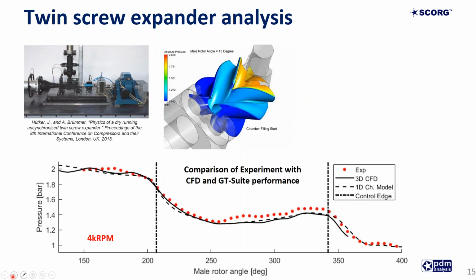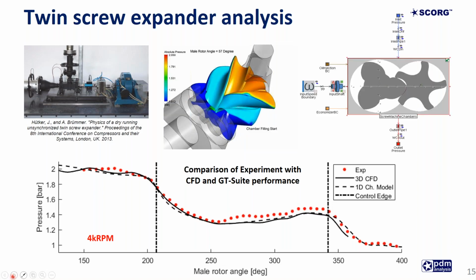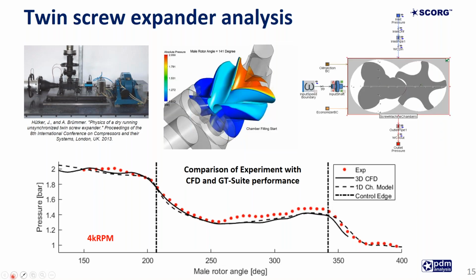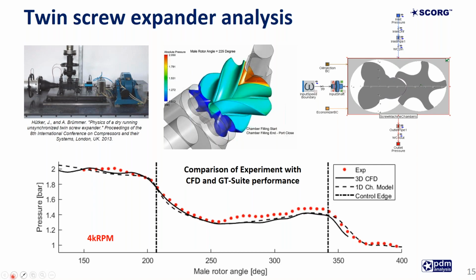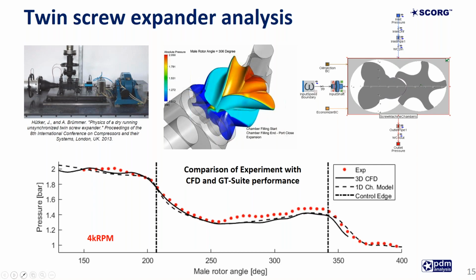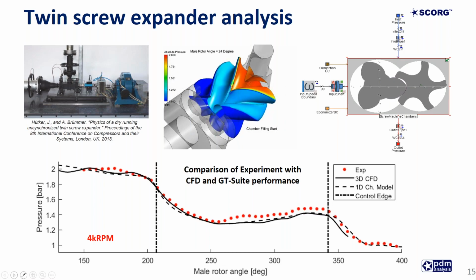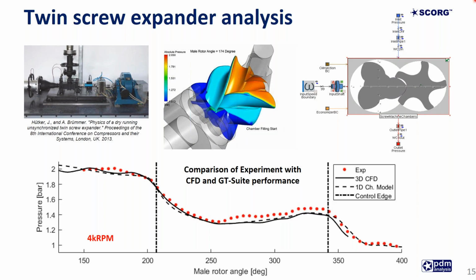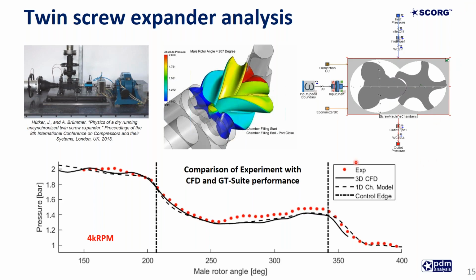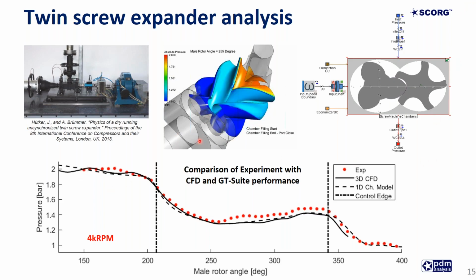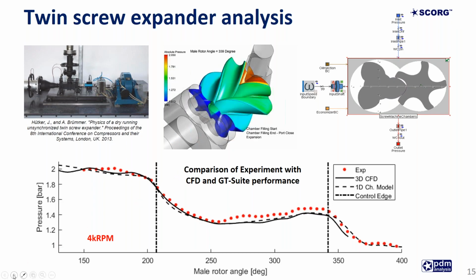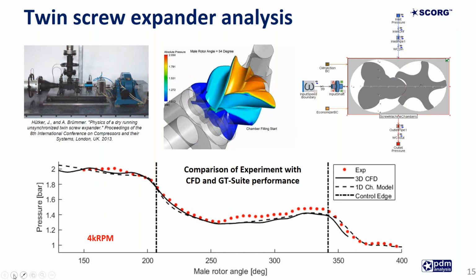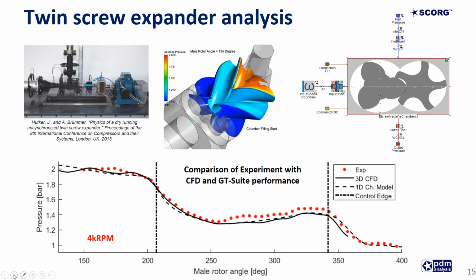Another case study was done on a twin screw expander. SCORG alongside GT-SUITE are capable of calculating the performance of expanders and their systems like organic Rankine cycle with refrigerant or air as a working fluid. The results obtained using SCORG and GT-SUITE 1D chamber model were compared with CFD analysis prepared with SCORG and ANSYS CFX solver, and the experimental data recorded at Dortmund University.